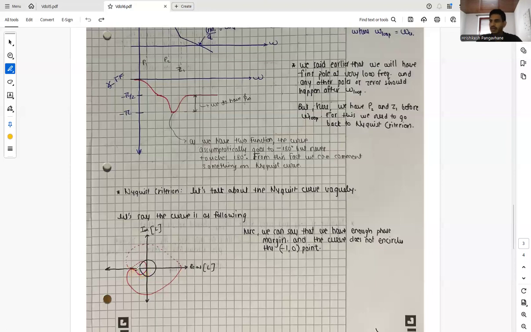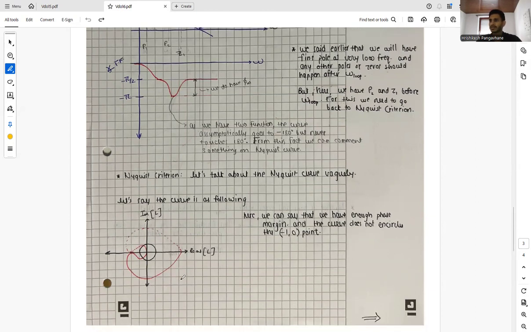So this is how our curve will look, but it will not exceed 180 degrees, because it will never be minus pi. It will be a lesser value than minus pi. So we can draw our Nyquist plot like that, and this is our critical point. And we can say that we have enough phase margin, and the curve does not encircle the critical point, and thus the system is stable.